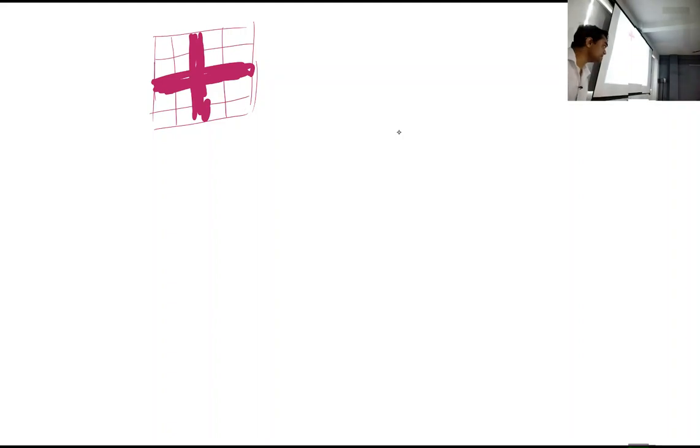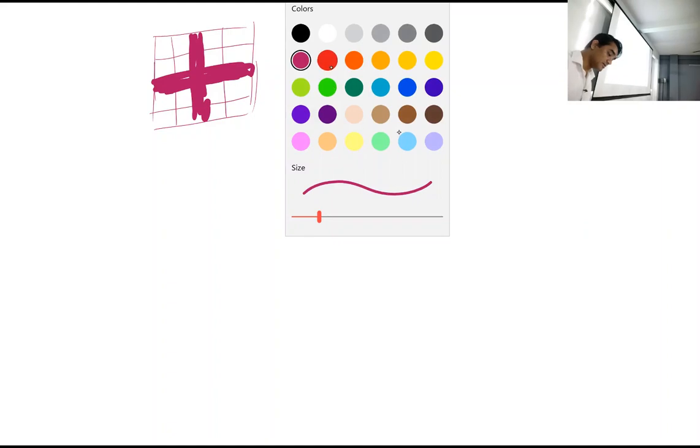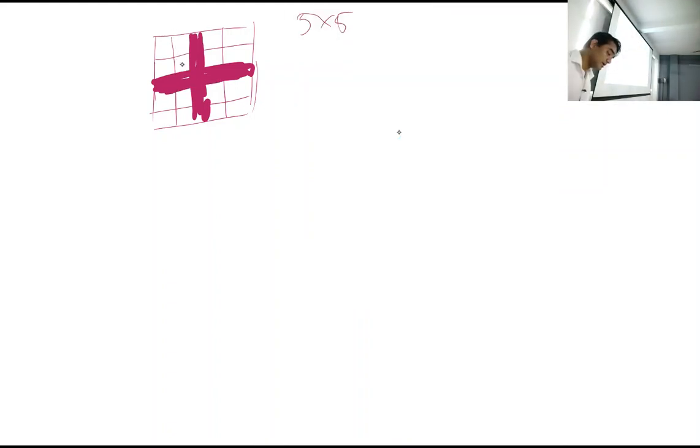This is divided into 5x5, and we use a 3x3 kernel. Using a 3x3 kernel, I can detect this one without any trouble, but I cannot detect this one.